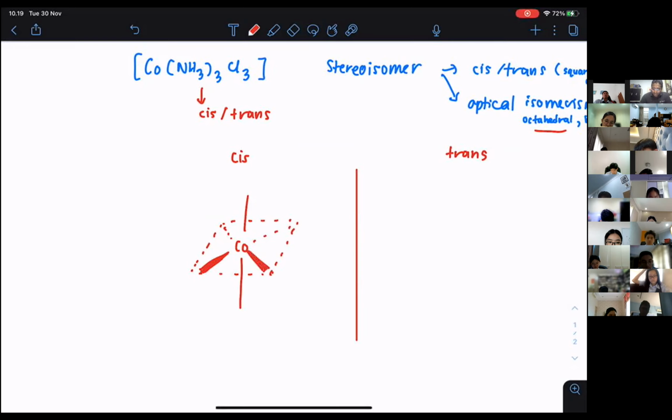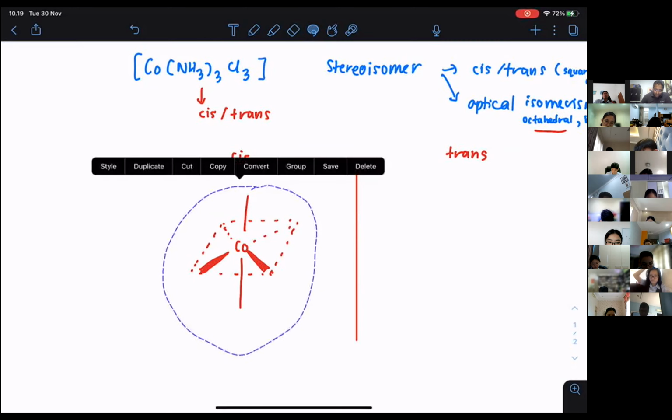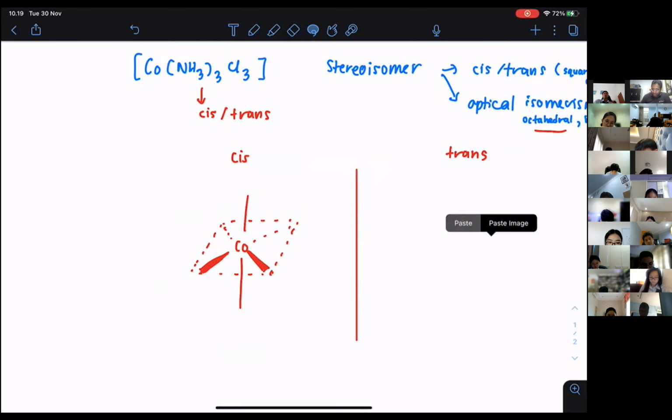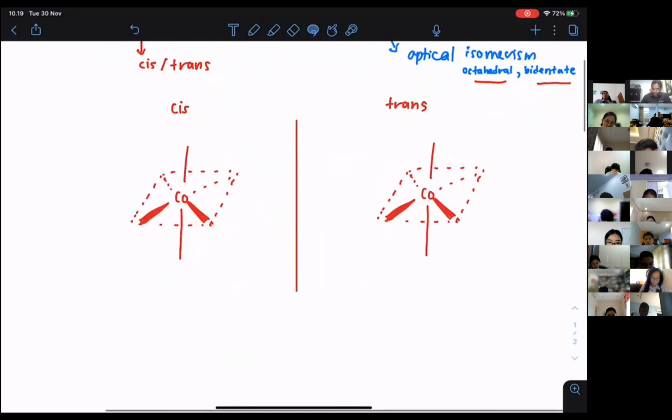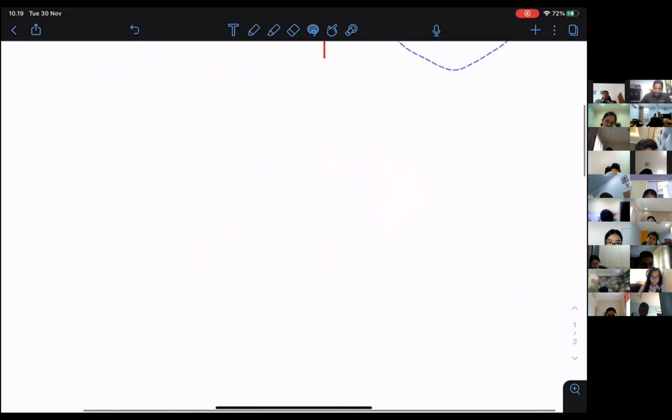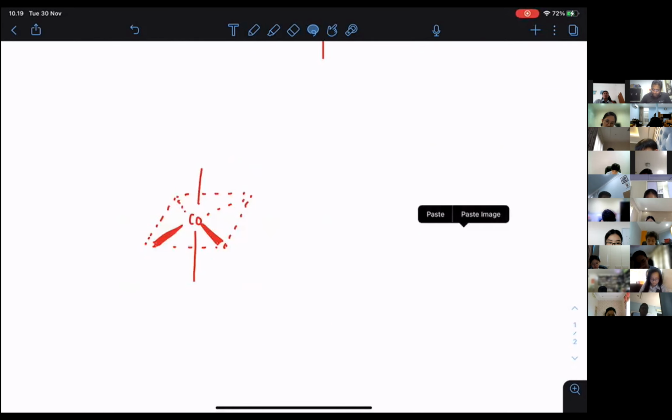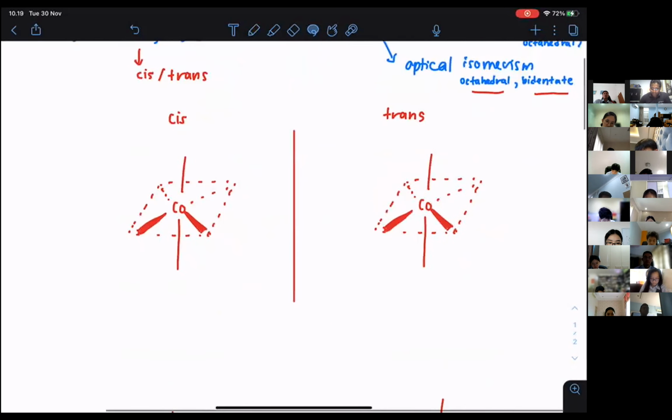I'm going to select this, copy it and put it over here, so I can use it again. Maybe I will also use it later for this and this. I'll just keep it aside first.